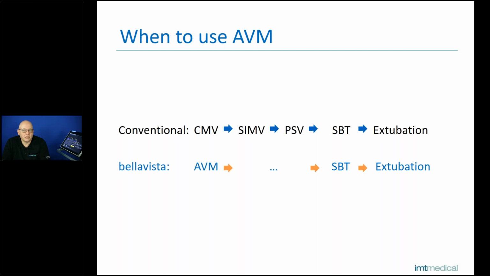You can have it much easier using AVM, because you can just keep AVM from intubation to extubation and just do not leave this mode. It's possible to ventilate during the whole process, doing a spontaneous breathing trial before extubation and then extubate the patient. So this makes life much easier.